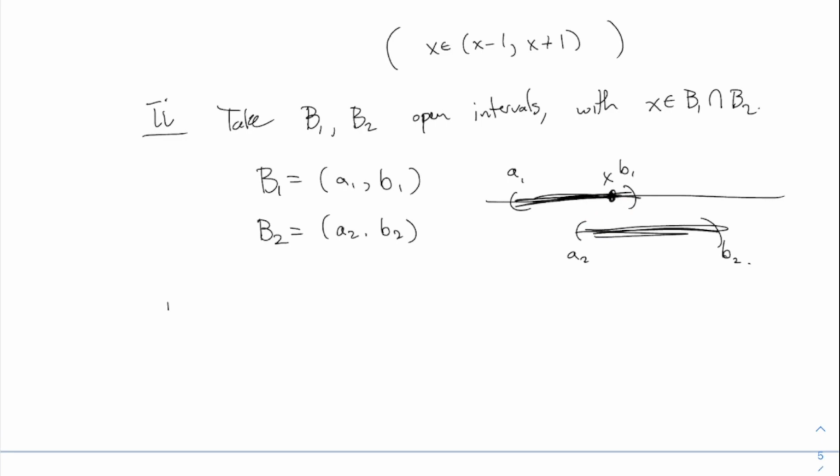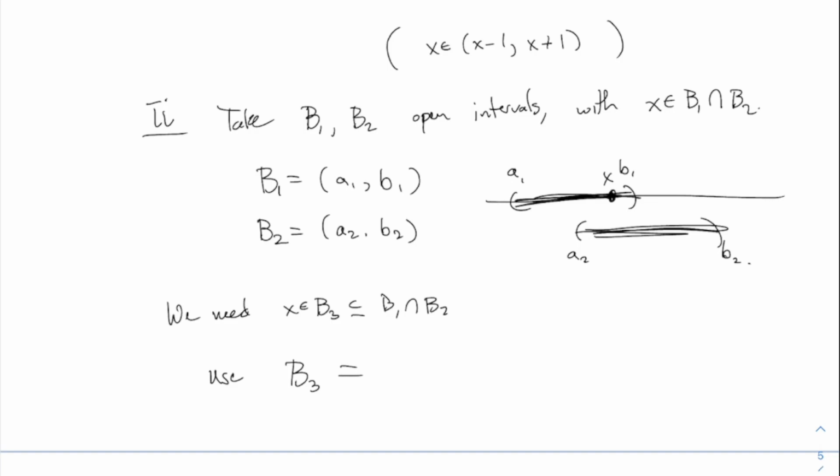So we must find, we need x to be an element of, say, B3, which is a subset of the intersection, B1 intersect B2. Can anybody say what the B3 should be? It's meant to be an interval containing x, which is part of the intersection.